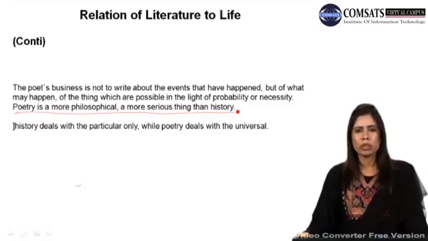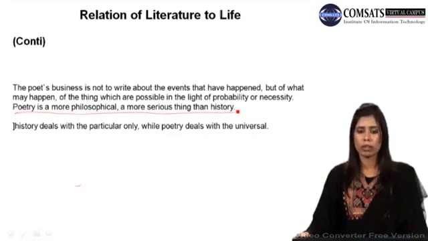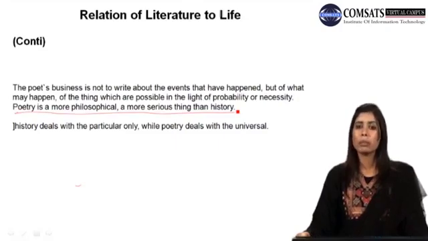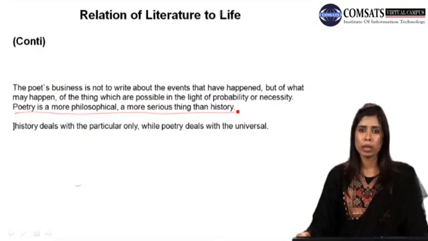Usually this is an assumption that history is the biography of the society and literature is the autobiography of any society. So in that way, literature is more philosophical. It is a more serious thing than history. So usually we think that history is just a chronological sequence of different books which are written about any particular kind of topic.